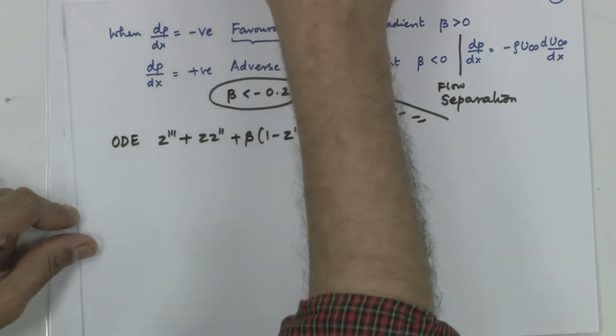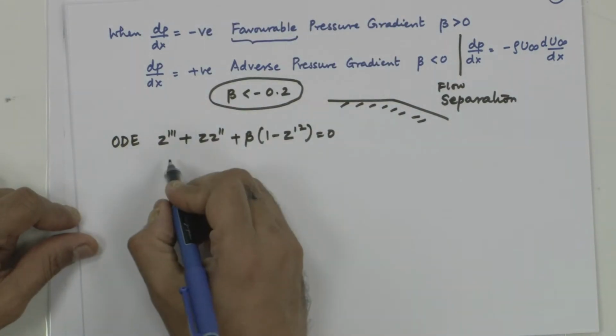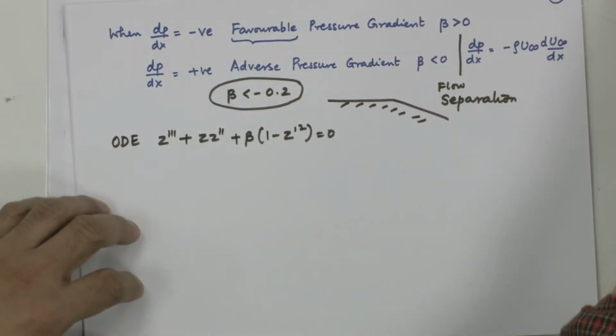If you go back to this expression, m was directly related to your beta.